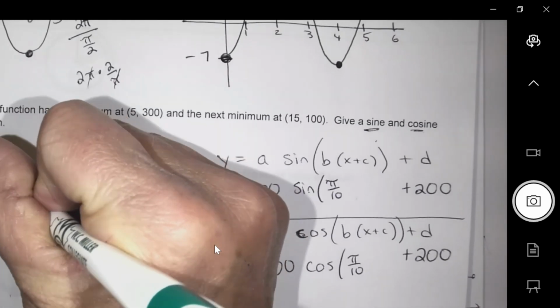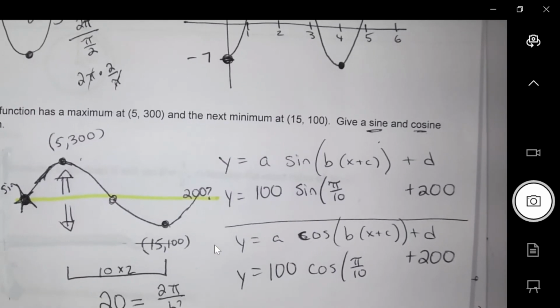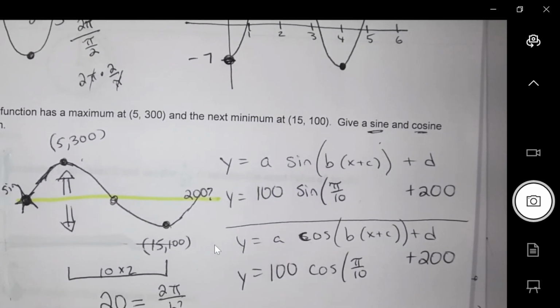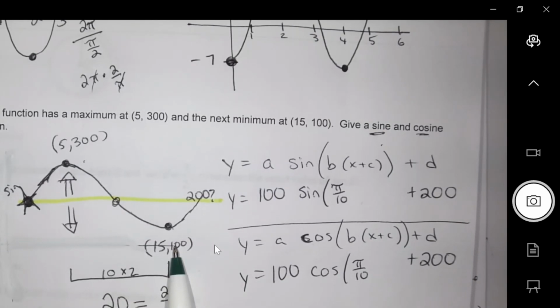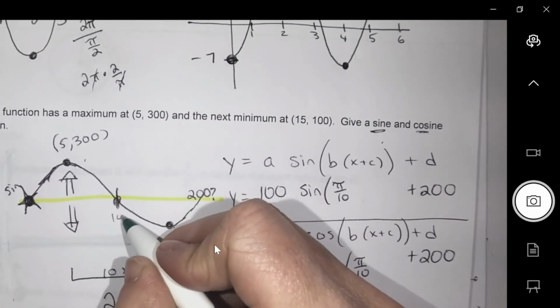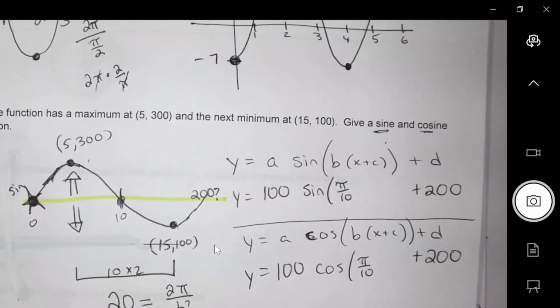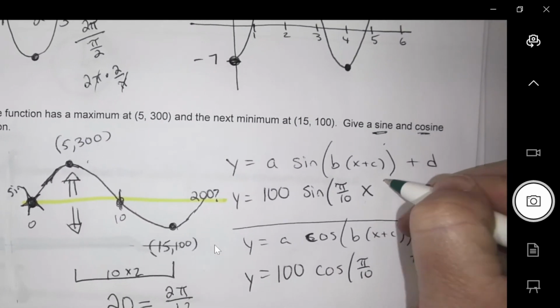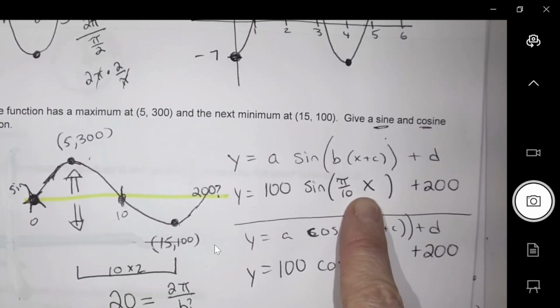So I could pick this point. Can you get me an x value on that coordinate? This is 5. This is 15. Okay, well, what's the x value in between here? 10. 5, 10, 15. What's this? 0. So I'm just going to leave this with x. That's it.